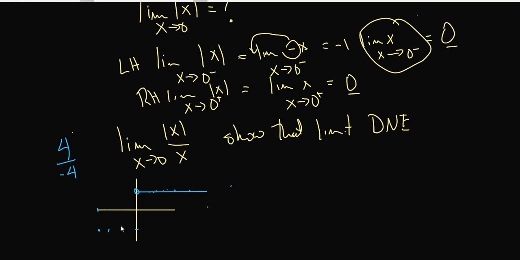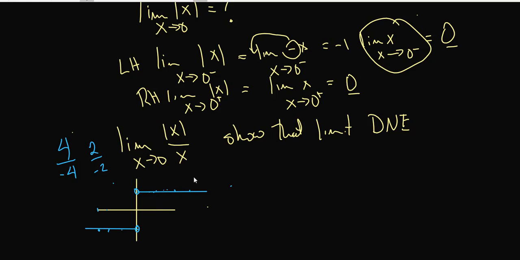What do you get when you put in -2? Absolute value of that is 2 over -2. You get -1 again. So you get this. And again, you have to put a circle here. Okay, so that's the picture. So from the picture, we can see that as you get close to 0, the limit's not going to exist.